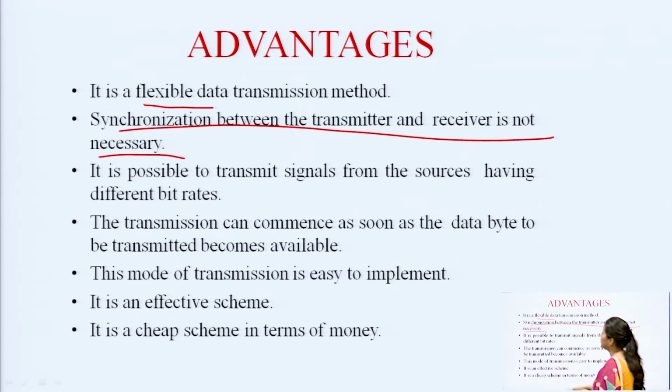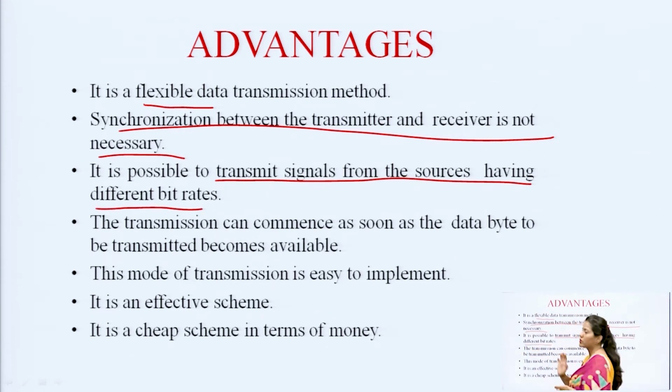So, it is possible to transmit the signals from sources having different bit rates. Obviously, this is also another advantage, that we need not worry about having terminals with different clock speeds. Since there may be multiple sources, it is possible to have different sources with different speeds.